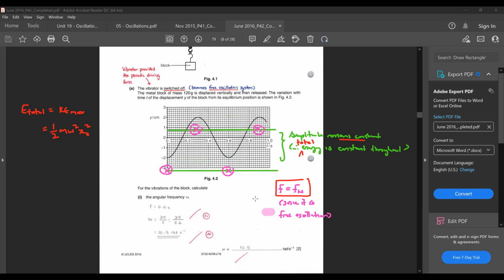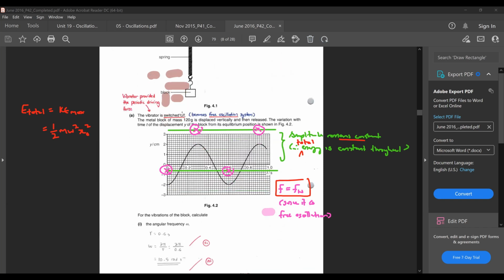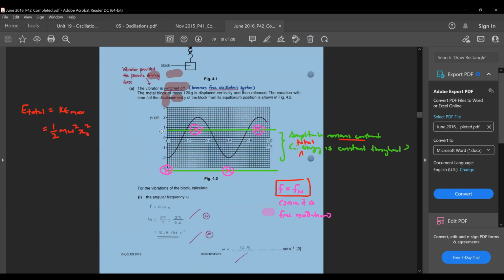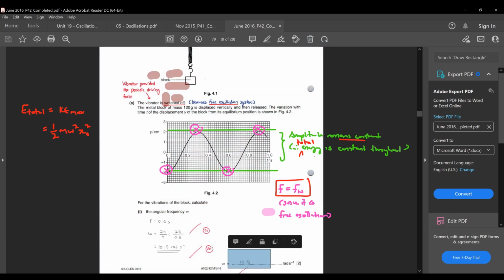So here you want to find the total energy. As I mentioned, it's just going to be KE max, half m omega square x naught square. Sum in the value of your mass, which was 120 grams, is already stated here. Sum in the value of your omega, which is found in part 1 here.